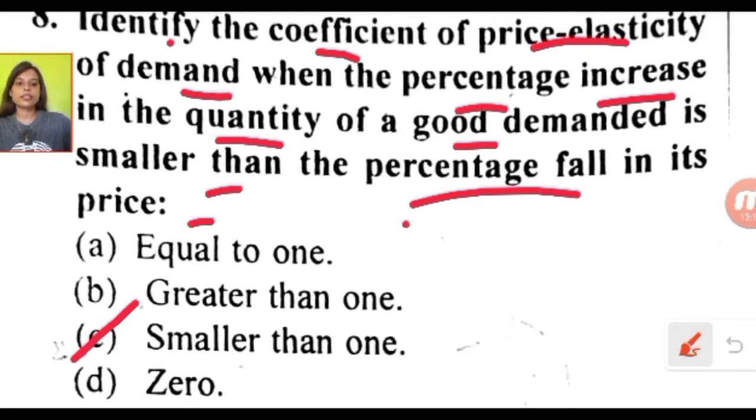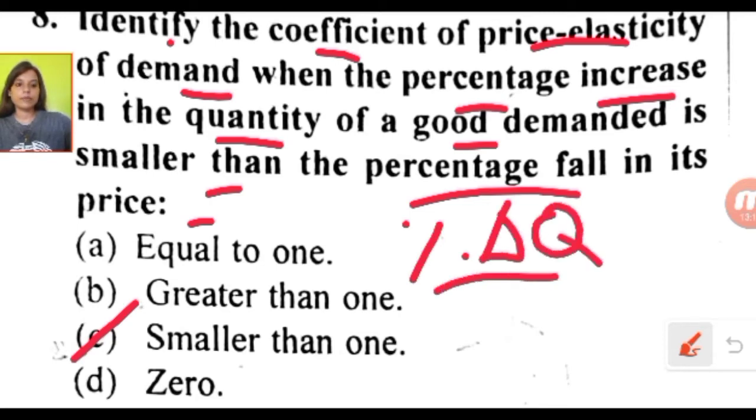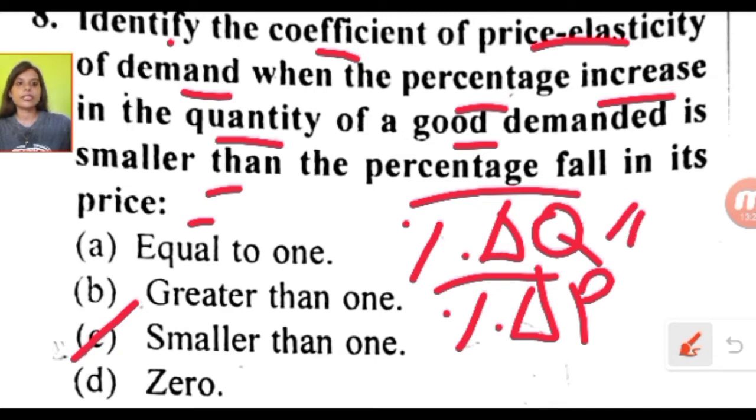It's the percentage of delta Q divided by the percentage of delta P. So from here we can conclude that the percentage of delta Q is smaller than the percentage of delta P, that is, price elasticity of demand will be less than 1.